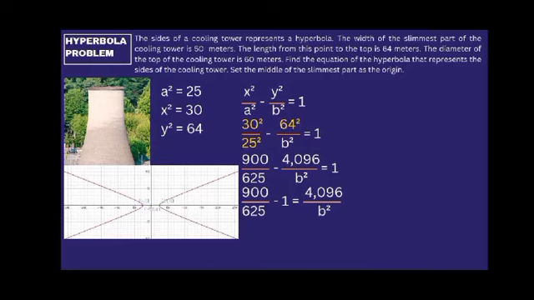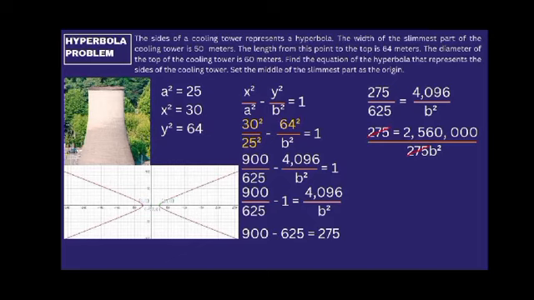We get the difference of 900 and 625, which is 275. We will get the equation 275 over 625 equals 4096 over b squared. We can then cross multiply to get the equation 275 b squared equals 2,560,000.